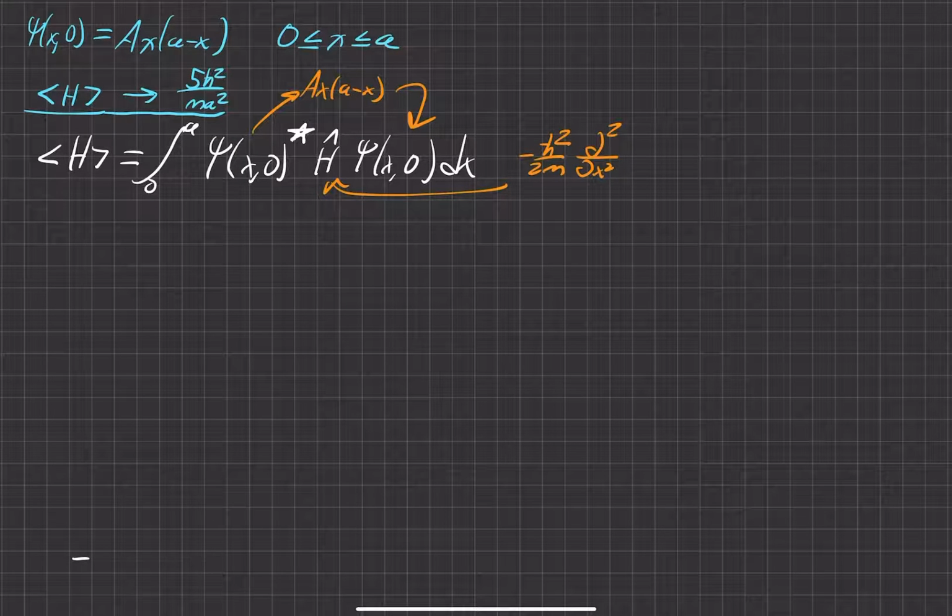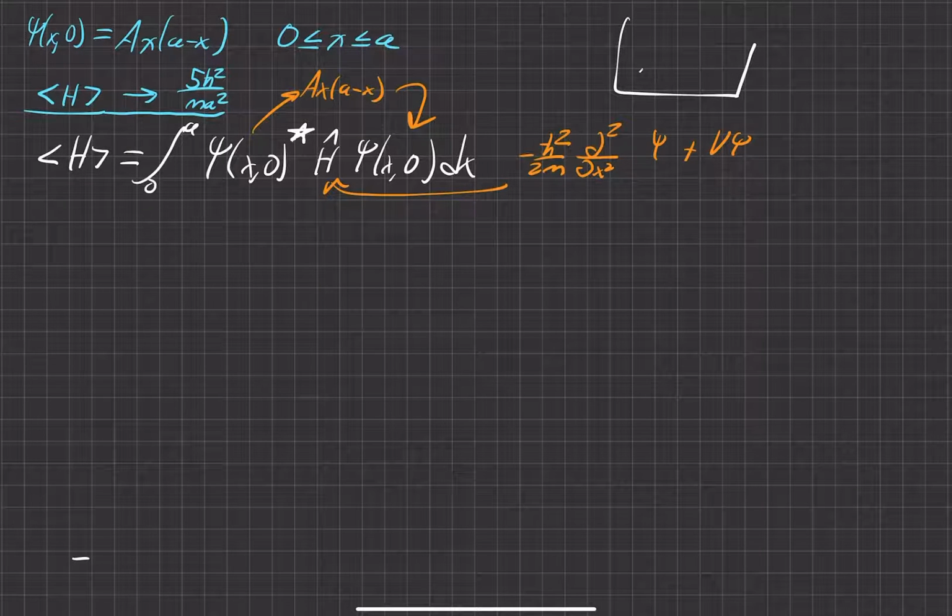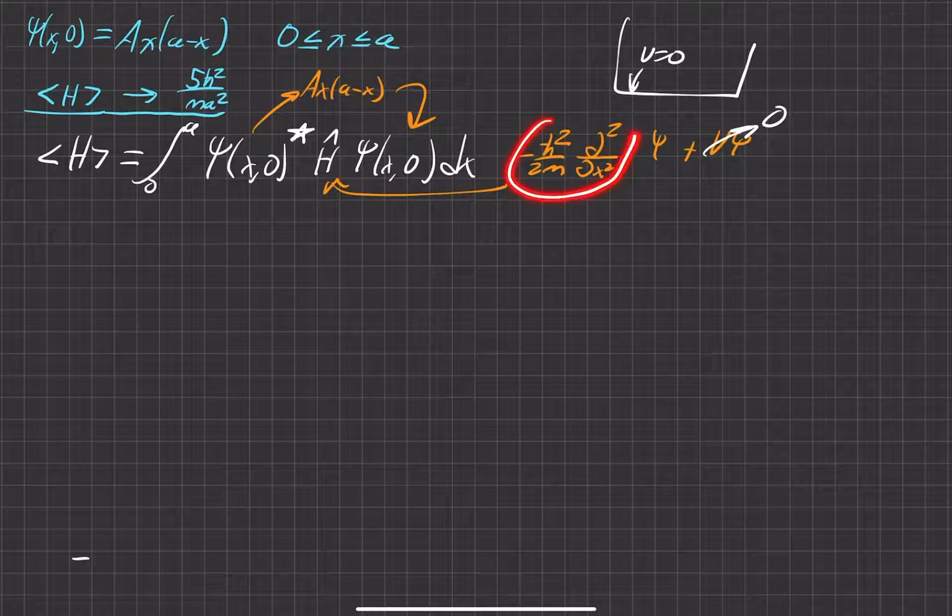Typically the full Hamiltonian also has the potential, but remember, inside an infinite square well the potential is equal to 0. So that whole term goes to 0, and we're left with just this portion.